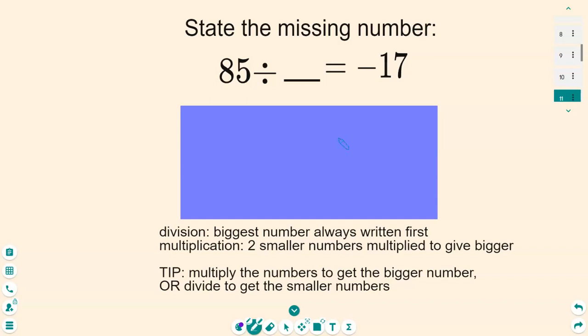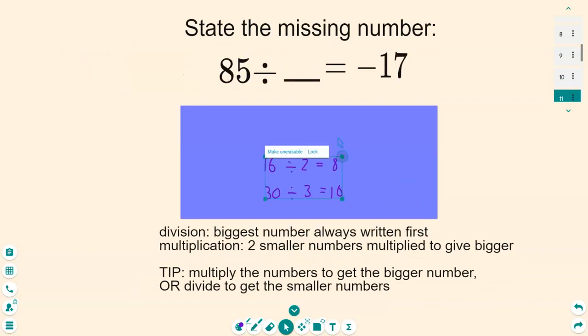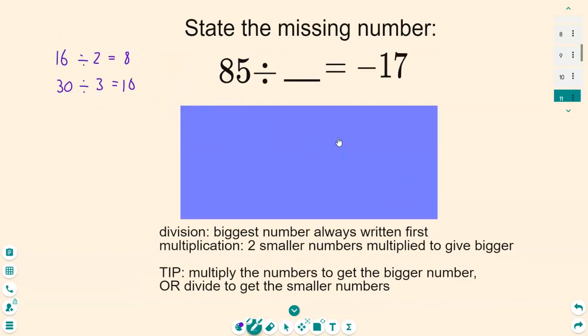Last slide. 85 divided by some number gives me negative 17. So again, with these division ones, we want to realize that the biggest number comes first, and then there's 2 smaller numbers. It's made up of 2 other smaller numbers that will multiply to give that bigger number. 85 divided by what equals 17?